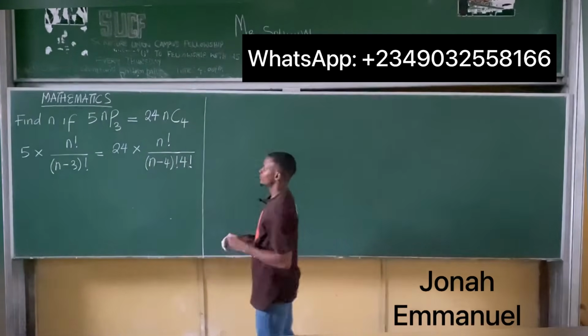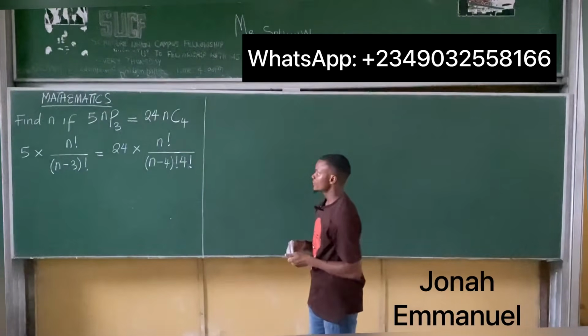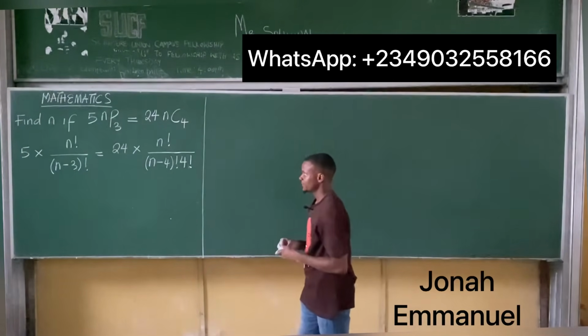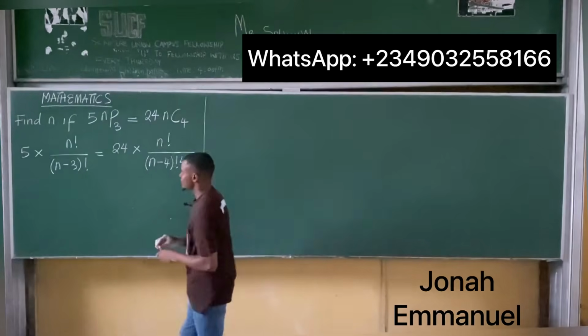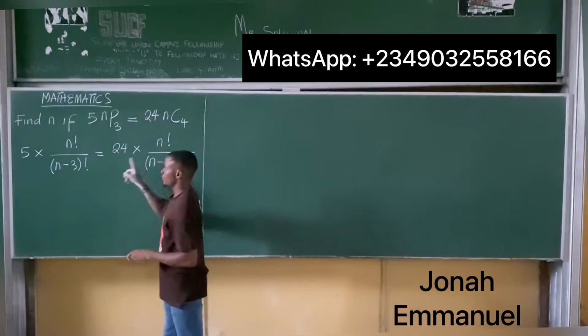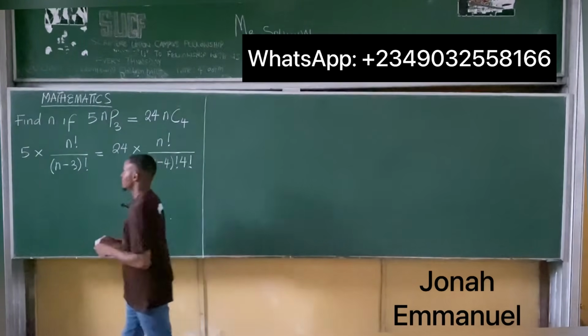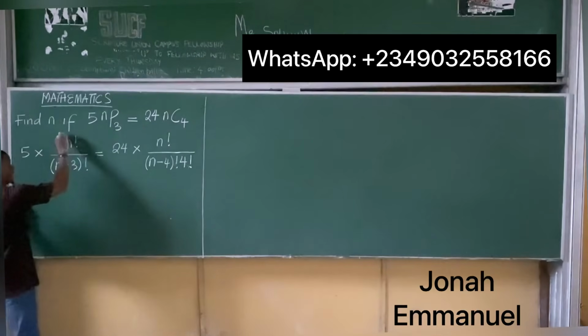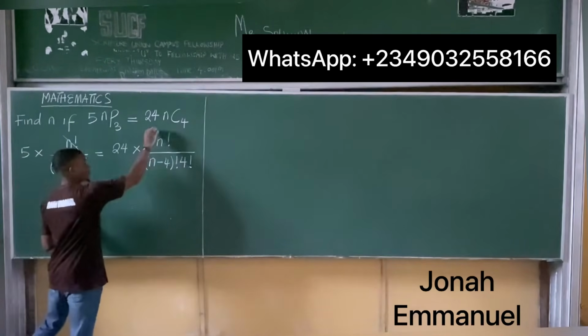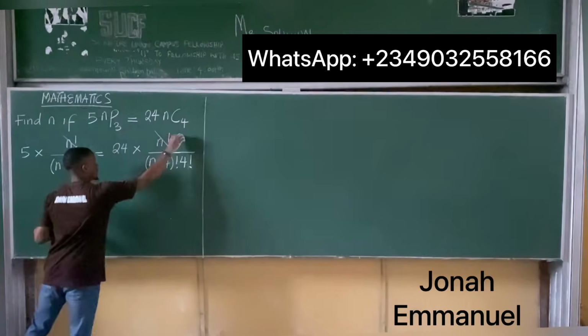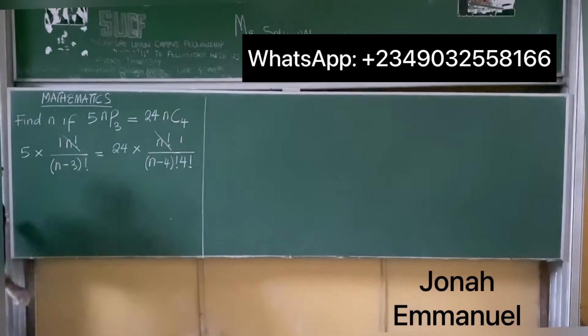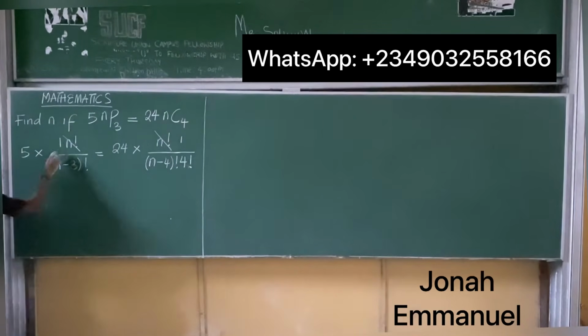So I'll show you an even faster method of solving questions on combination. And the idea is this. If I have the same term on both sides of the equation, they can cancel out easily. So that's me saying that n factorial can cancel n factorial here. I'm having 1. I'm having 1. So this becomes 5 times 1.